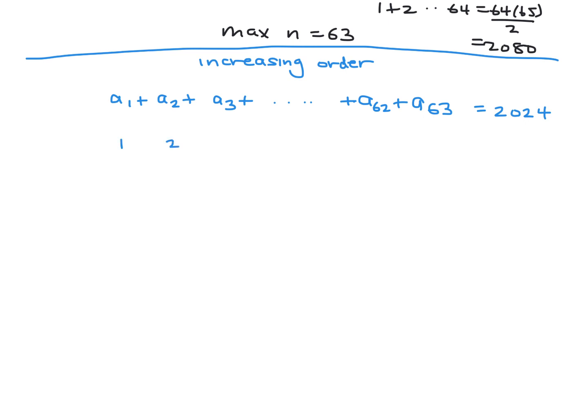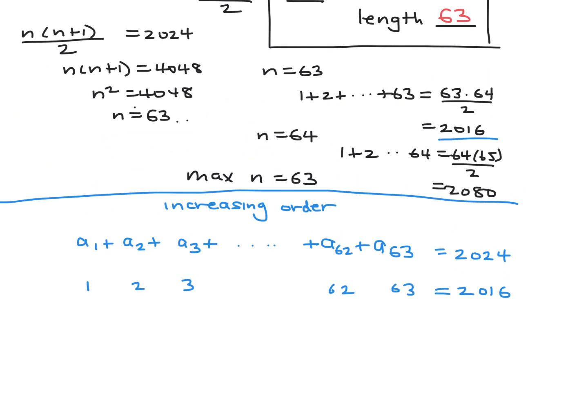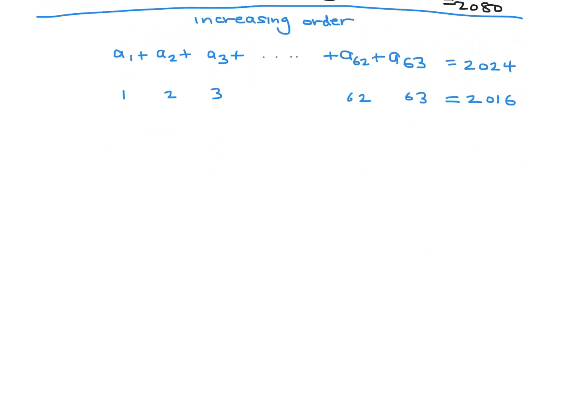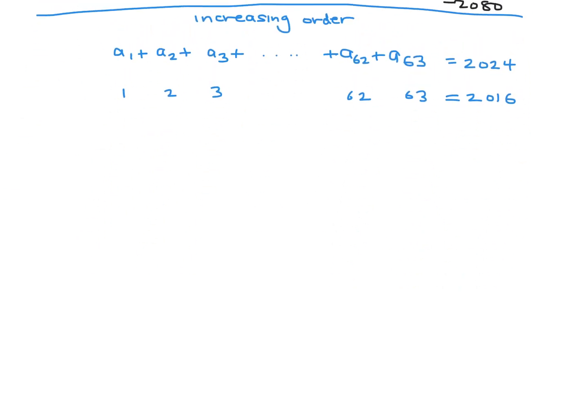Because if it was 1, 2, 3, all the way until 63, that would fall short, as we previously saw. It only adds up to 2016. So we have to add an additional 8. The difference between 2016 and 2024 is an additional 8. So some of these numbers have to be a little bit bigger for the sum to add up to 2024.